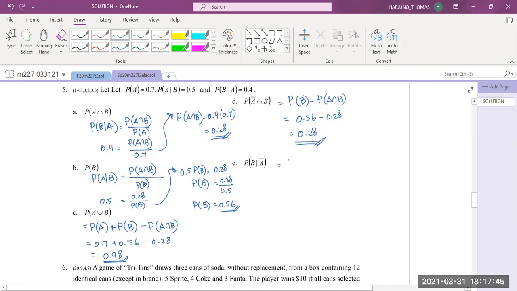So probability of B given not A is probability of not A and B over probability of not A. That is 0.28 from part D over probability of not A. That's 1 minus 0.7.